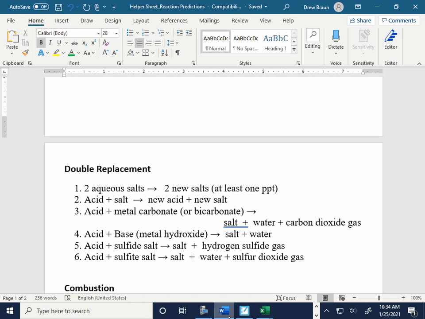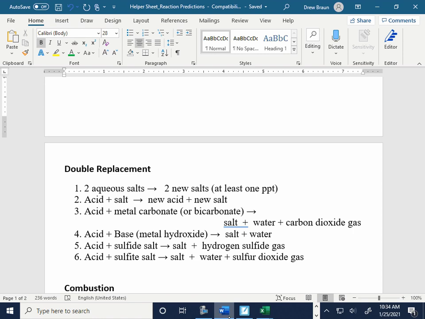What do you notice about all of them except for the first one? Who can tell me? What do you notice about every one of them? Kira? They are dealing with acids. Okay, so acid and a salt, acid and a metal carbonate or bicarbonate, acid and a base, which is a metal hydroxide, acid with a sulfide salt, acid with a sulfite salt.